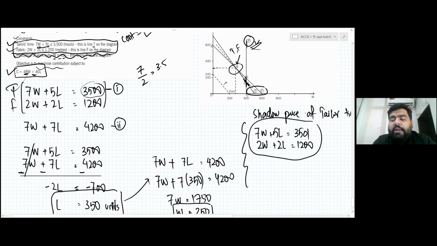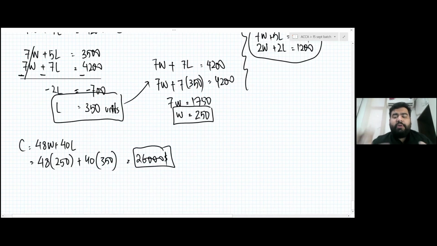From here we will again do the complete calculation, and at last, when we calculate the number of units, we'll multiply with the contributions 48 and 40. There will be some increase in contribution. For example, the contribution after that will be 26,010, just assuming. So obviously the old contribution was 26,000, the new contribution is 26,010. We'll say that the shadow price will be 10.